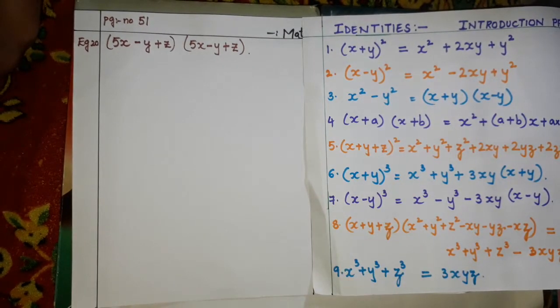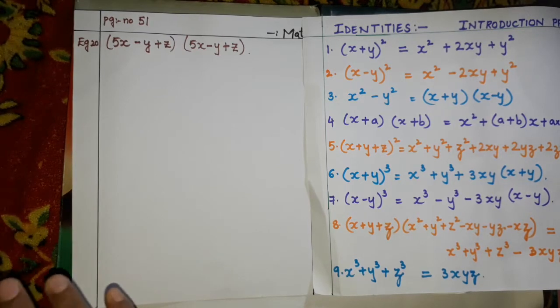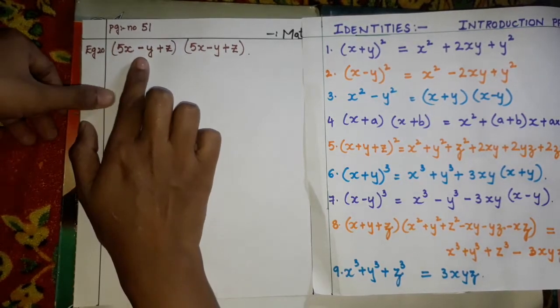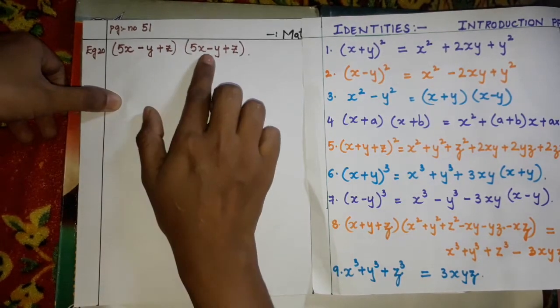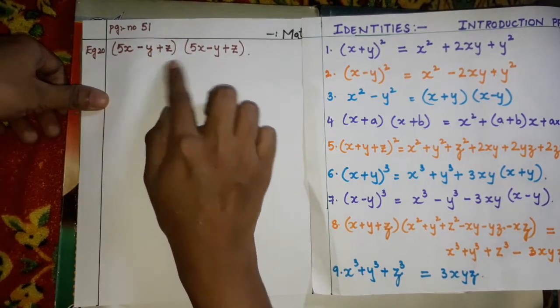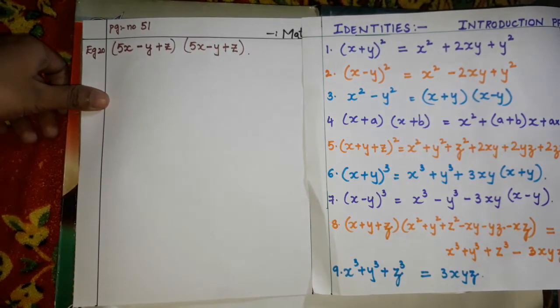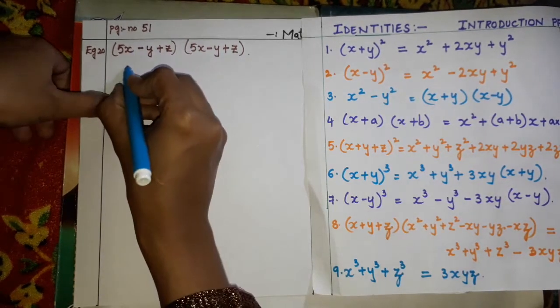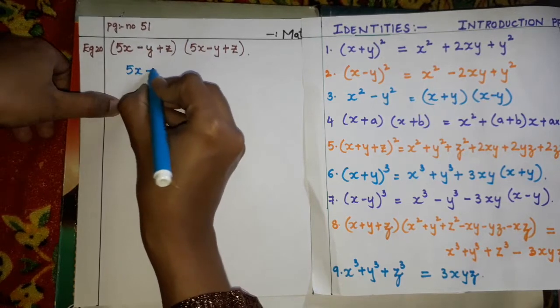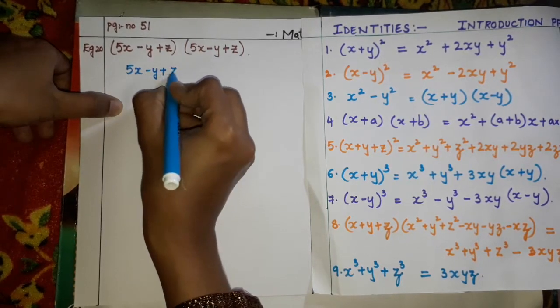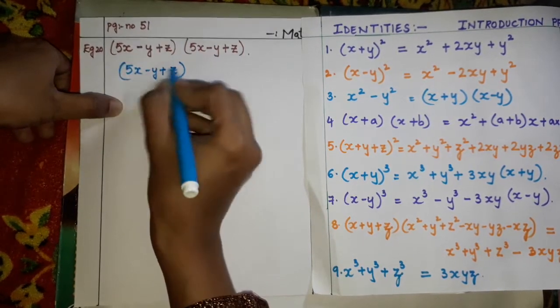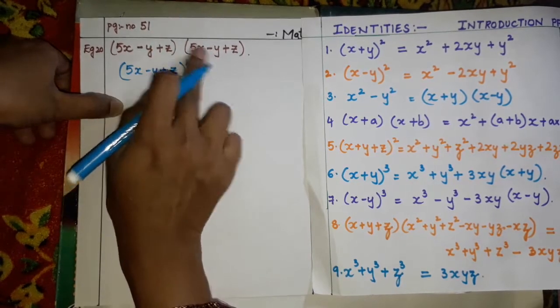Okay, now here first they have given (5x minus y plus z) and (5x minus y plus z). They are asking to find the product of these. Now how to do it children? (5x minus y plus z) I can write as a whole square because we have two of them, right?